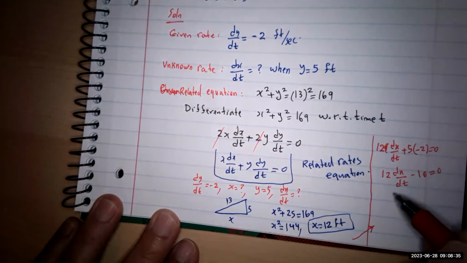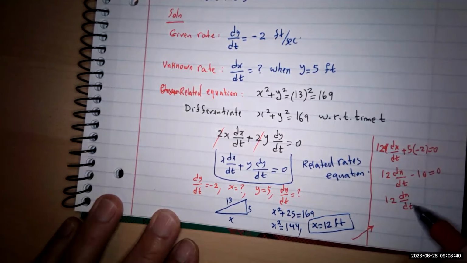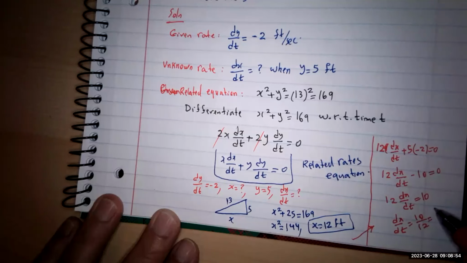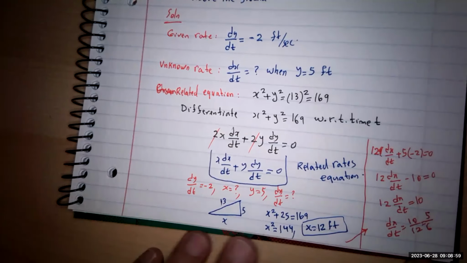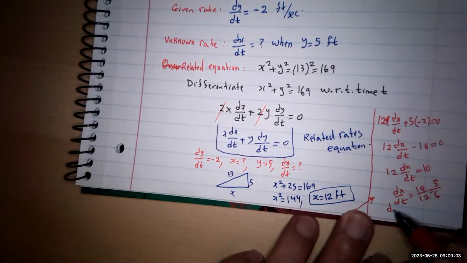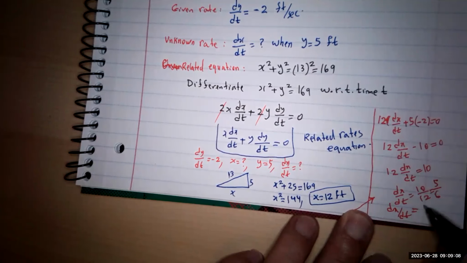You solve for dx/dt. You move it to the other side: 12 dx/dt equals 10. So dx/dt is going to be 10 over 12, which is 5/6.